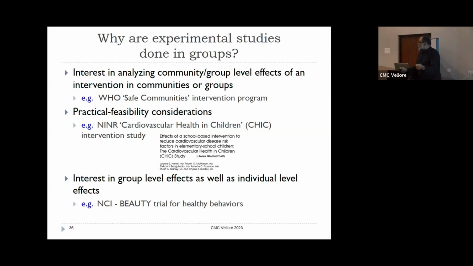And we randomize stylists. Can we randomize the individual patient? No, because once the stylist is trained to give advice this way, she cannot randomize individual clients. So the stylist has to do it. And if there are multiple stylists in that one place, all stylists at one beauty salon get it, and other beauty salons don't get it.